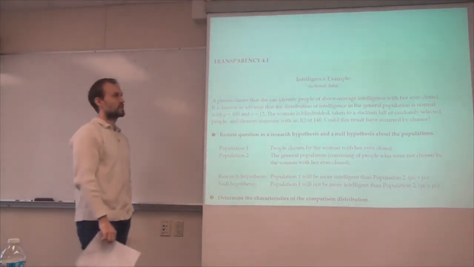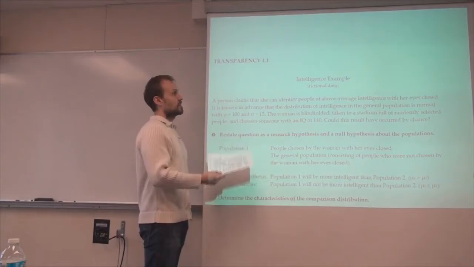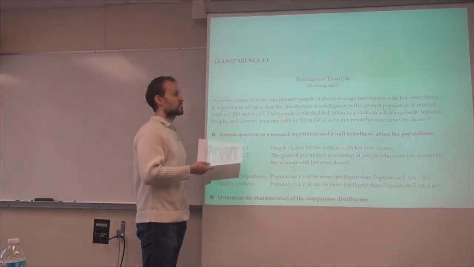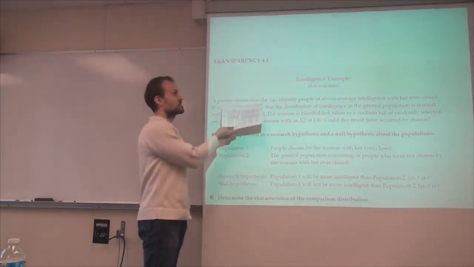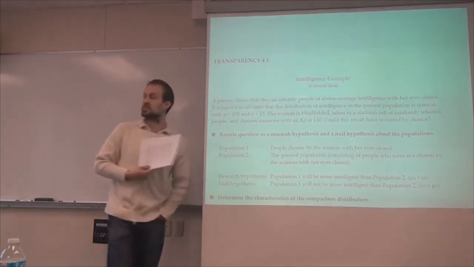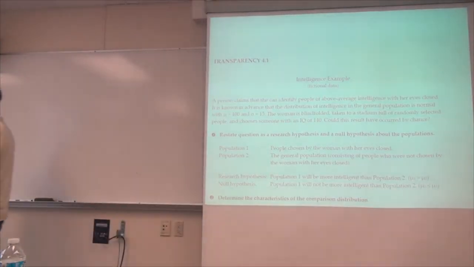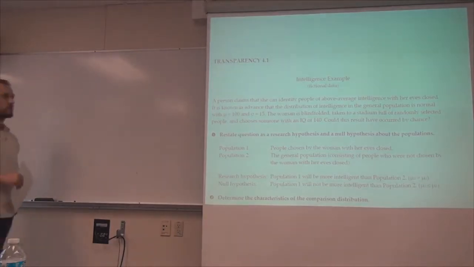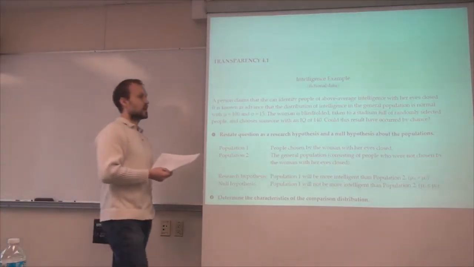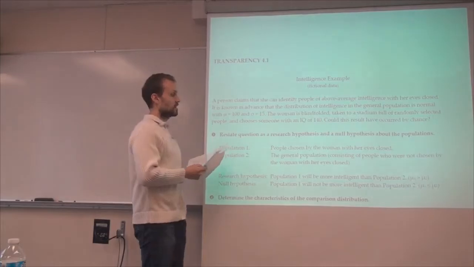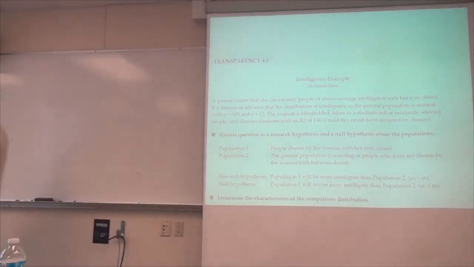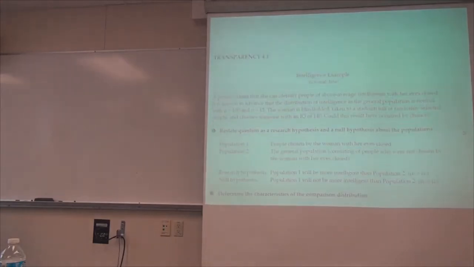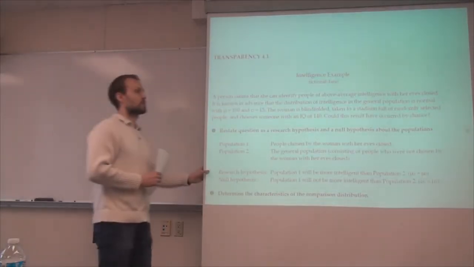So could she have done that by chance, or is there then reason to believe, or evidence that supports her claim that she can just pick out a person of above average intelligence? So we are stating this by using a null hypothesis and a research hypothesis. Some books also call this one the alternative hypothesis.